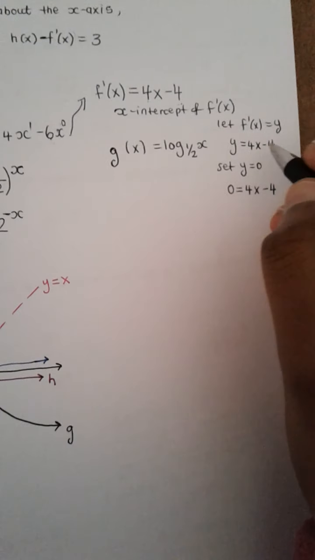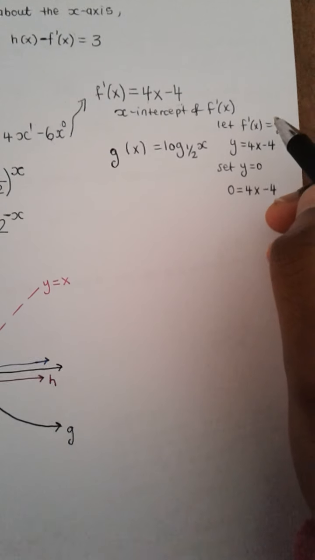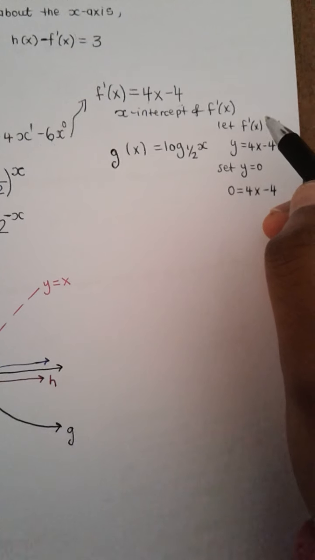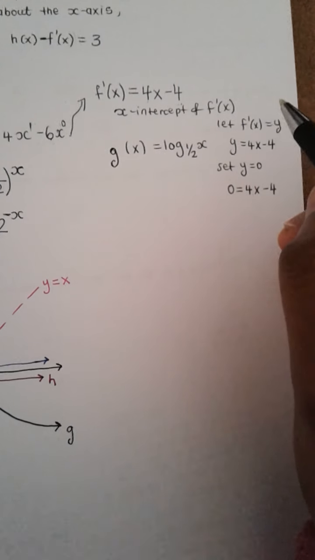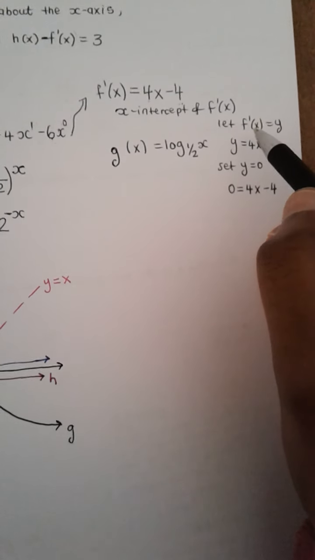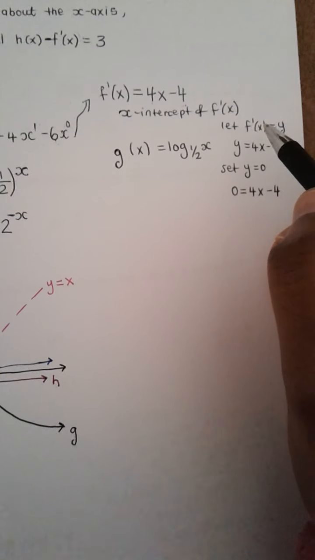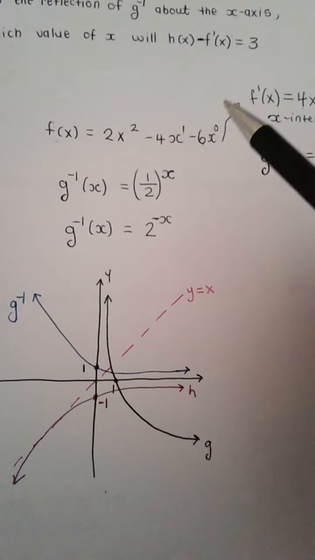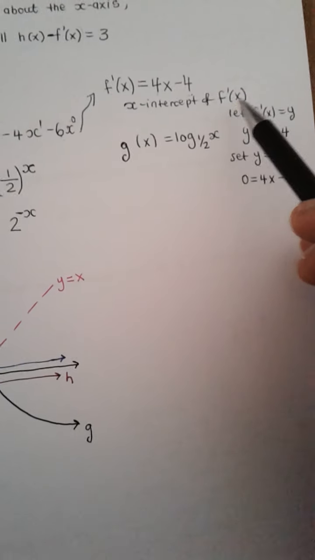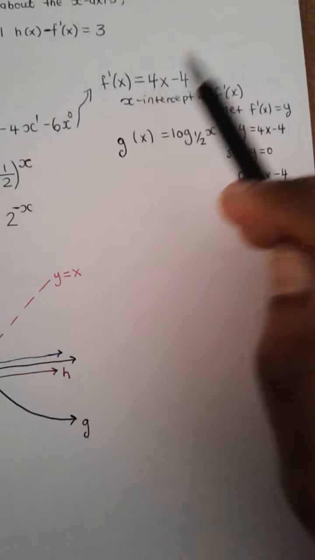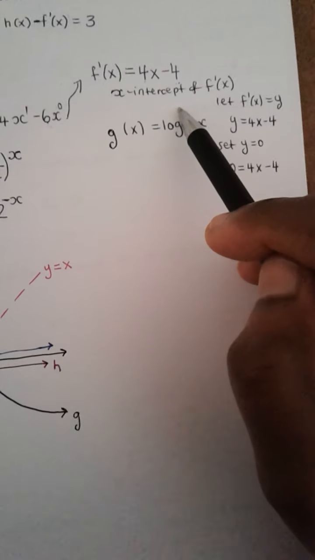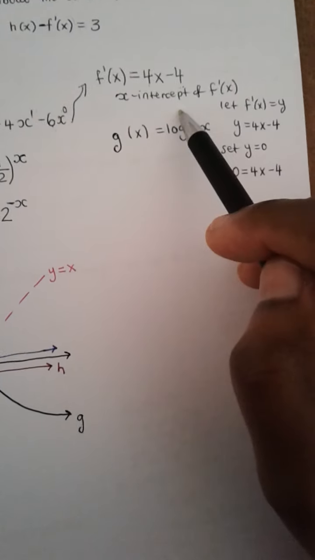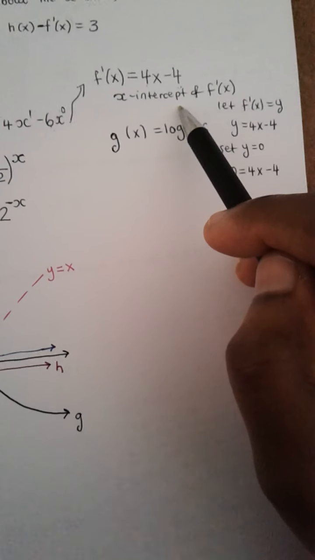Notice what we're doing now, setting f prime of x equal to 0. That is telling you where the graph of f has a stationary point, yes, but right now we are considering f prime of x as just the function itself, just this linear function. So we are finding where it has an x-intercept.